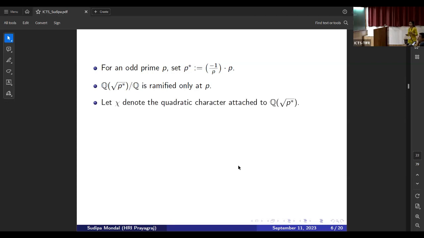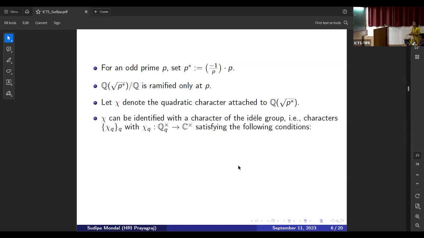So take the quadratic character chi that is attached to this quadratic extension. This character can be defined by the Kronecker symbol, and one can idelize this character chi. That means we get a sequence of characters chi_q of the multiplicative group, and we can write explicitly what this chi_q will be.